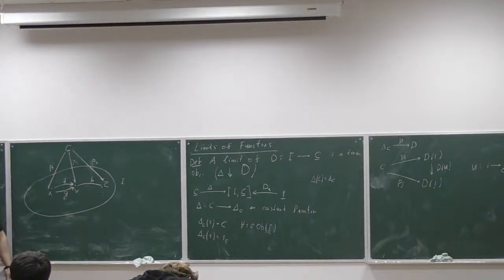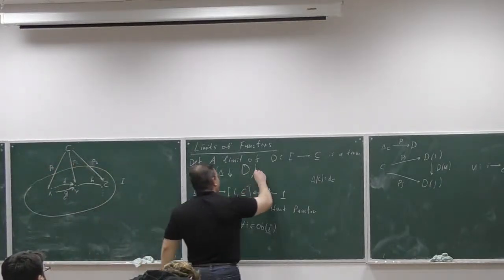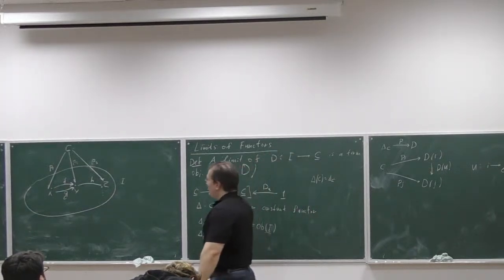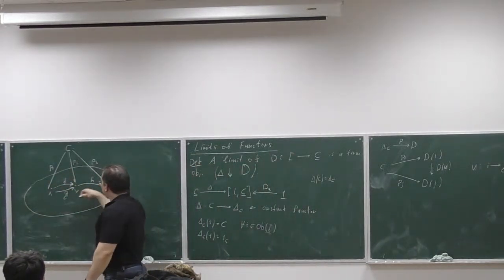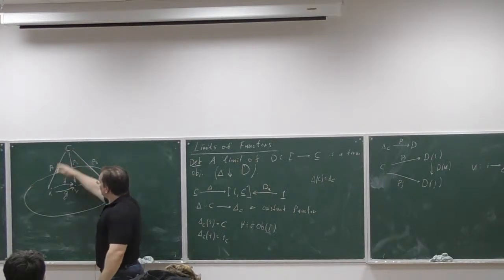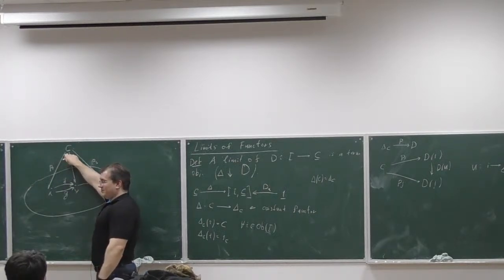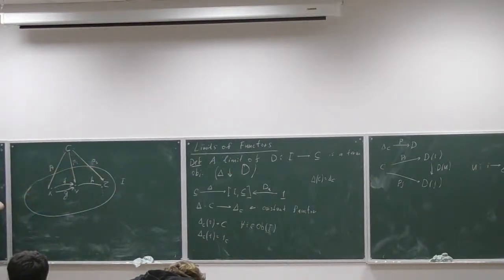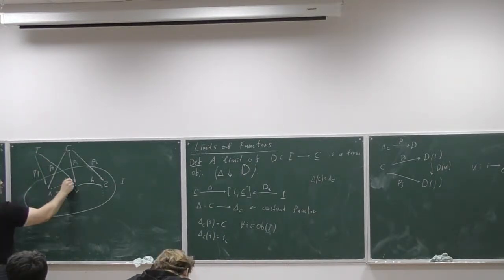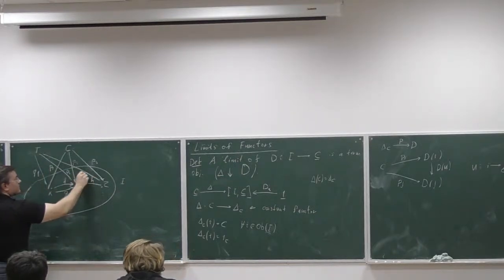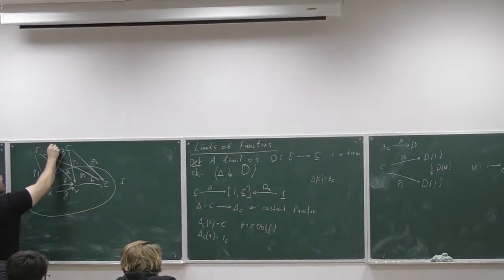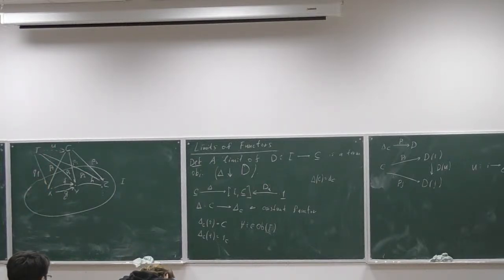If you don't like this very short and concise definition, look at it like this. I give you a diagram, and for this diagram, you want to find this cone with the vertex C. And this is a terminal object, so it has a universal property, meaning that if I have some other testing vertex, say T, with some other projections, say Q1, Q2, Q3, there is a unique map here, U. So as before, there is a fixed part of the diagram, there is a cone over this diagram, and there is a universality property for the cones.